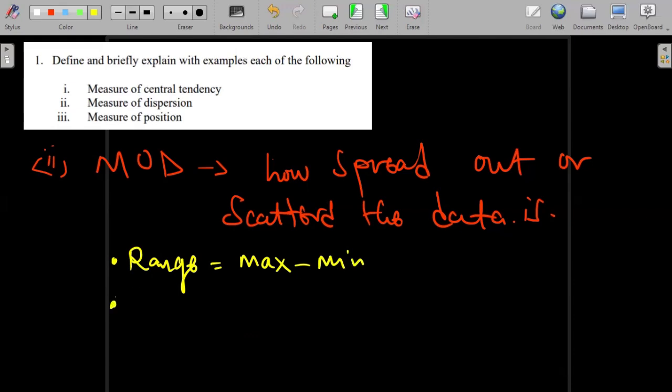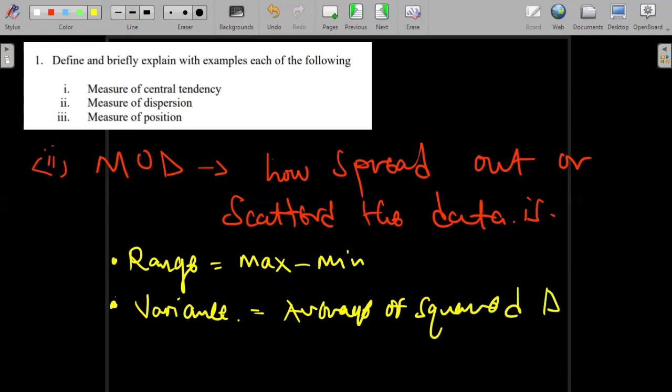And then the other measure of dispersion is the variance. The variance is just the average of the squared differences from the mean. So its formula depends on whether the data that you've been given is grouped or not grouped.